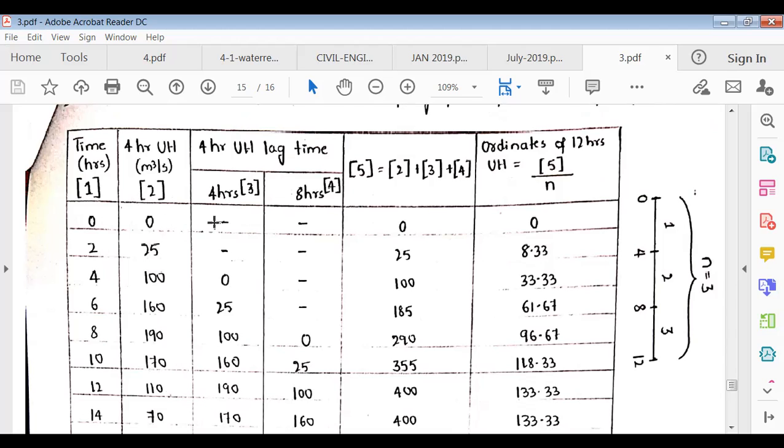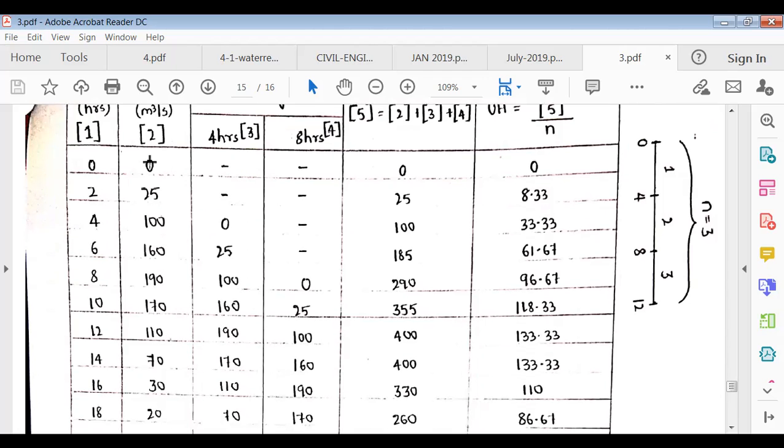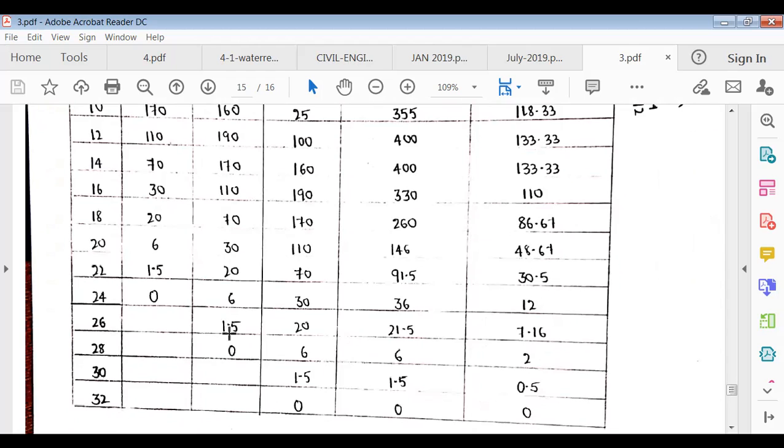So the first two will be blank. So from the 4th hour, again all the values should be written. The same 0, 25, 100, 60, all the values up to the last 1.5 and 0 you should write. Okay, because it is the lag, 4 hours you should show the lag.